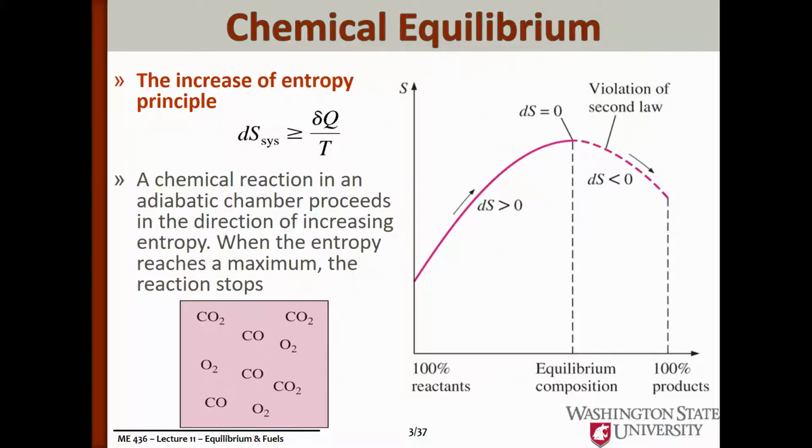Okay, why did the flame temperature not go to 5000 degrees? That's what we discussed in the last lecture, and we alluded to chemical equilibrium. In every reaction, there's some amount of entropy generation as you burn something.